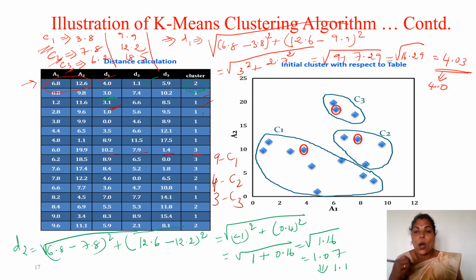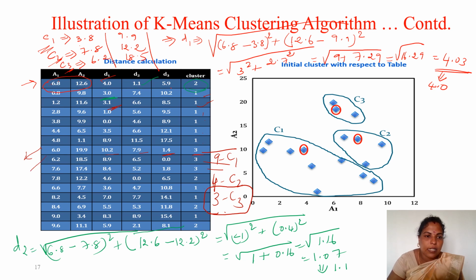Let us find out how to find the new centroids. After this calculation, you have to find the new centroids. In K-means clustering, you find the mean of these values. For example, for cluster 3, you choose the corresponding records, 6.0, 6.2 and 7.6, and find the mean of these 3 records.